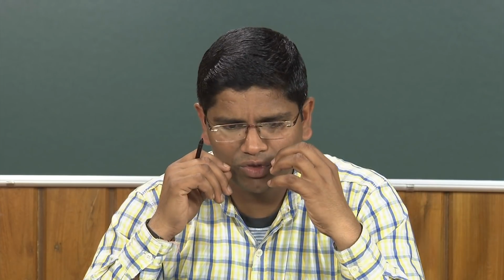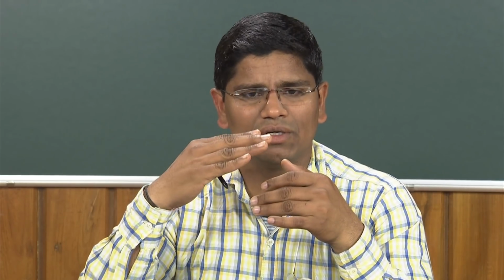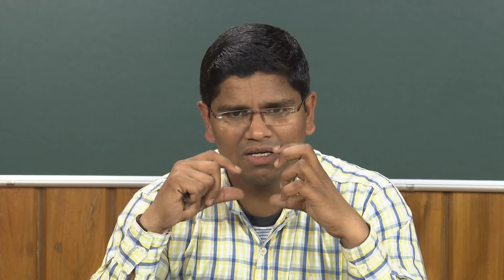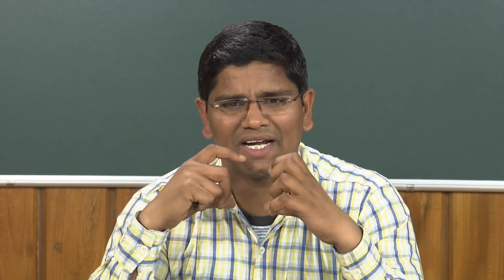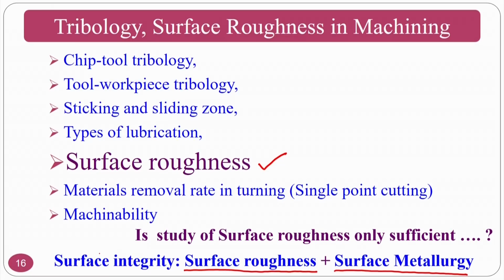Whenever you do the machining operation, you should take care that there is not too much temperature in the machining region, so that there won't be any burning marks on the product. Even though surface roughness is very good, if burning marks are there on the surface, it may not be possible to put it into practical application. That's why you should look at the surface integrity of that particular product.